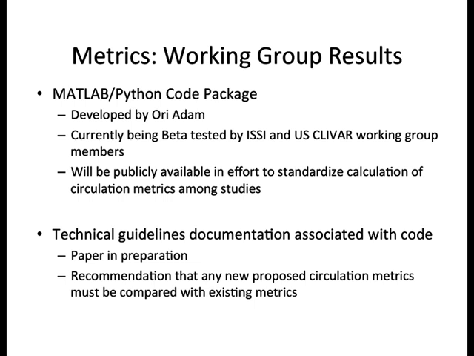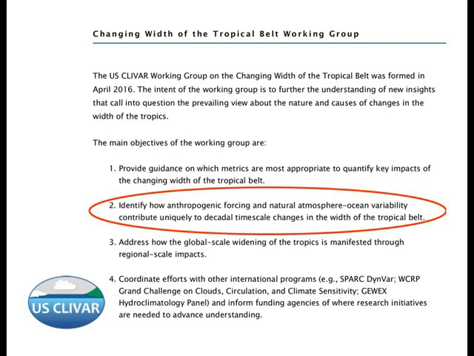Okay. So that's the first aspect of the working group, and I think it's really the more mature aspect, what we've made the most progress on. This second issue is the one that I'm technically in charge of, and that's the issue that Paul mentioned at the beginning: is the recent tropical expansion due to natural variability, or is it due to anthropogenic forcing?